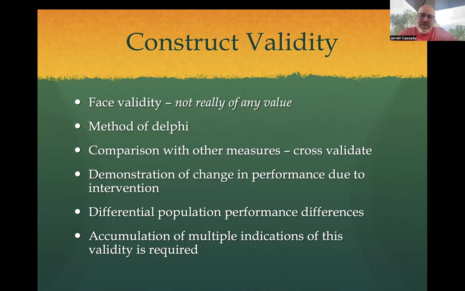Or if you have a measure that you believe deals with artistic creativity, and I give it to master artists versus non-artists or people who have no creative expression in their self-report, and I can see differences that way. It could also be based on age. I expect a third grader to have lower average reading ability than an eighth grader, things like that. So you can use these population differences for things that you know should influence their performance to generate the construct validity.